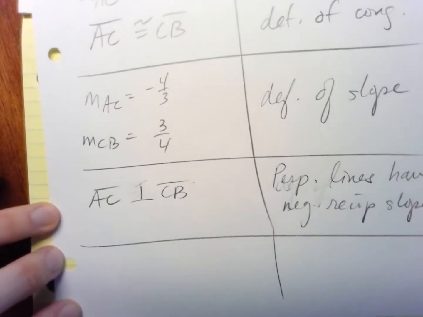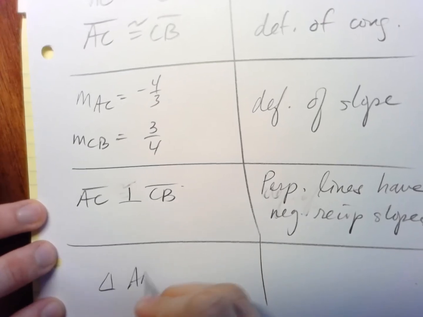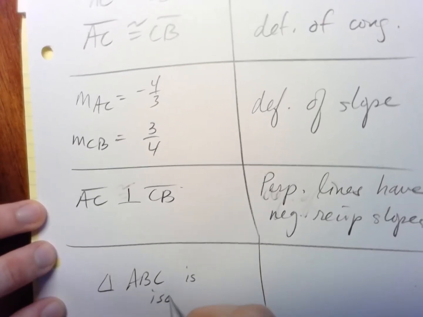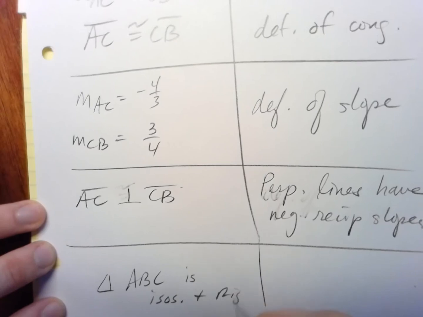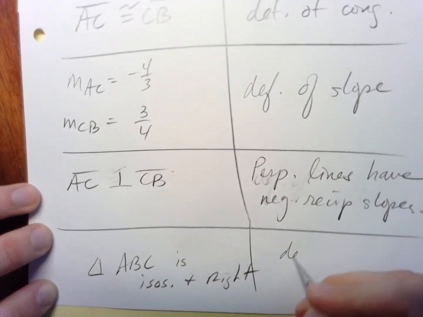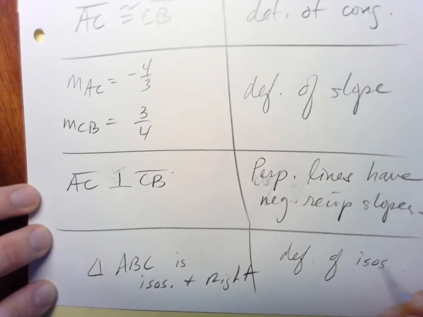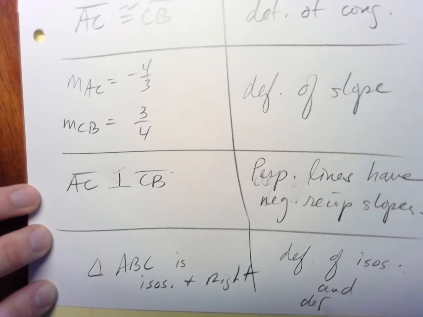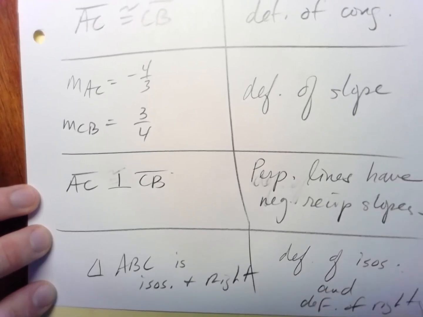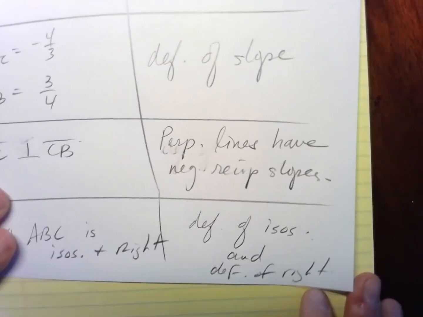So then lastly we can say that triangle ABC is isosceles and right because of the definition of isosceles and the definition of right, and then you would be done there.